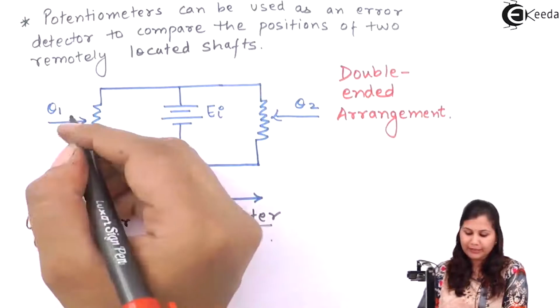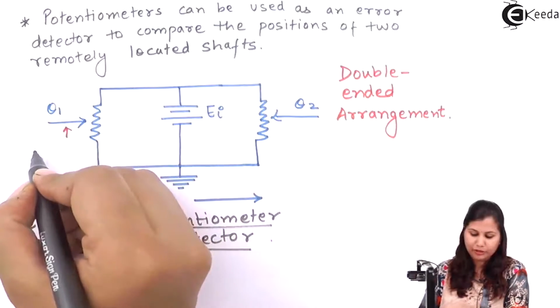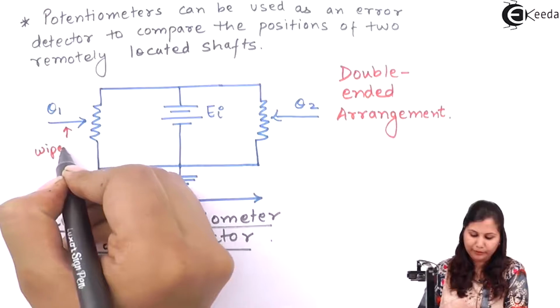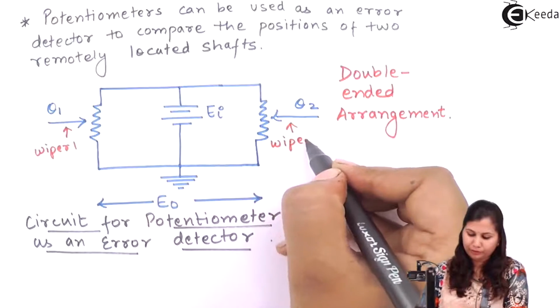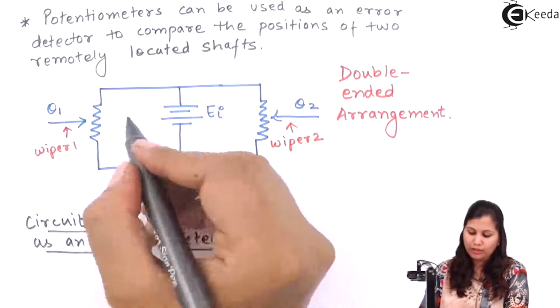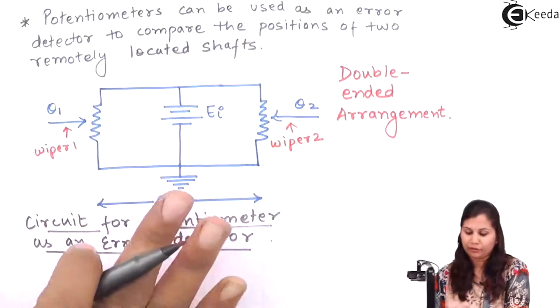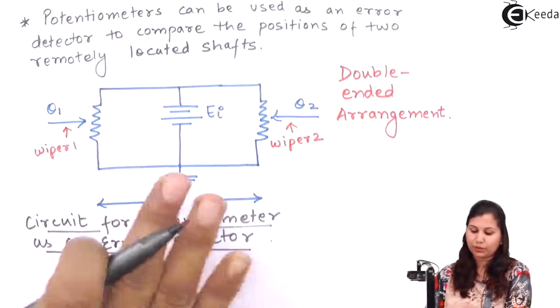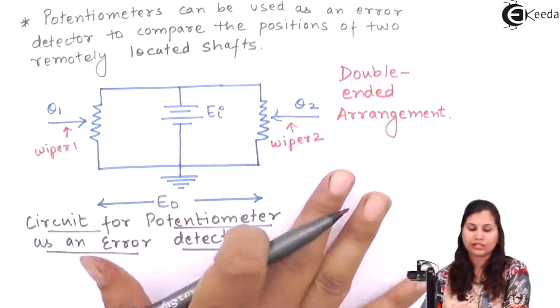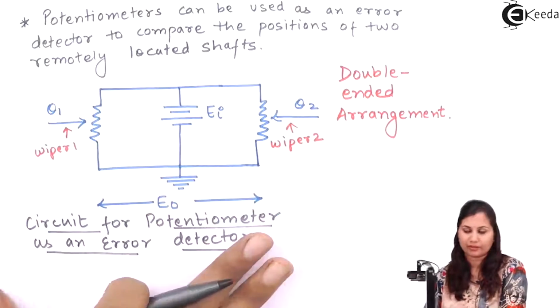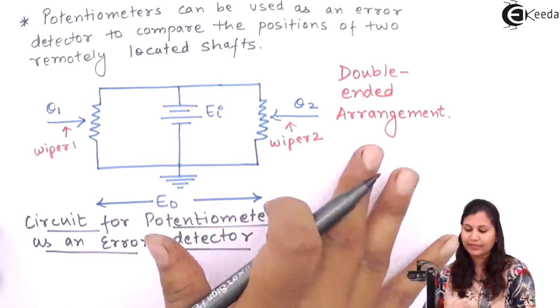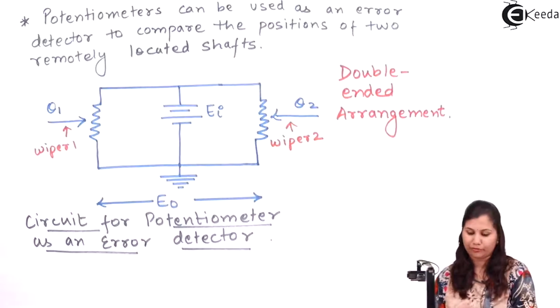This is the position of the first wiper and this is the position of the second wiper. So this arrangement is going to compare the positions of these two wipers, or we can say these two shafts. That is why it is known as double-ended arrangement.